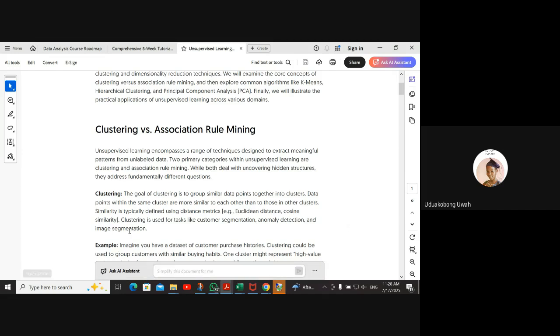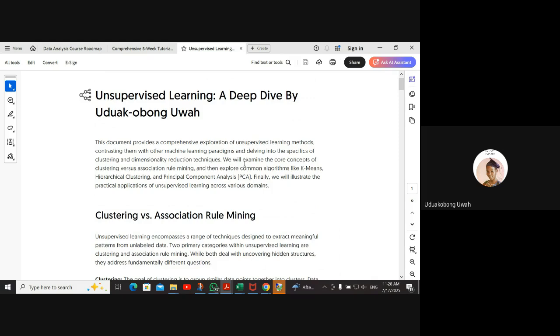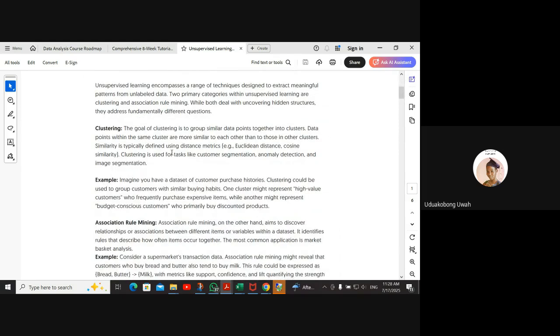Another thing is image segmentation. These are just the applications of clustering, and they use the k-means algorithm to do all of this. An example is that imagine you have a data set of customer purchase history.